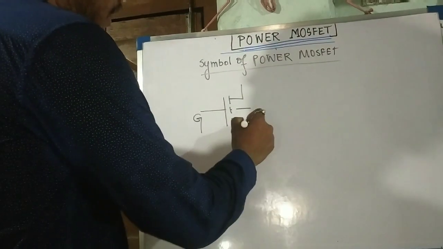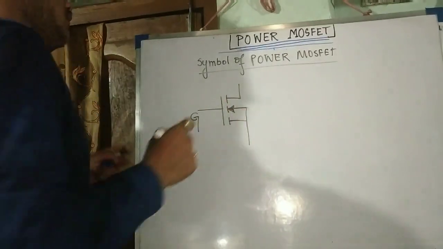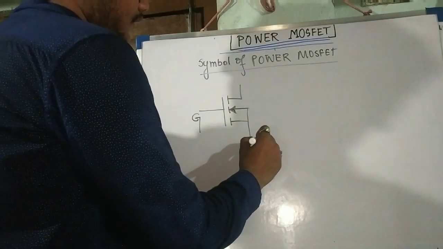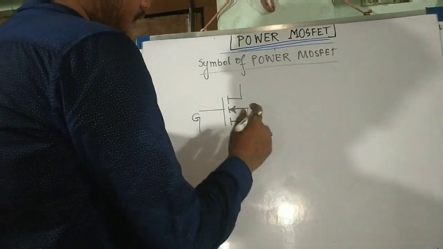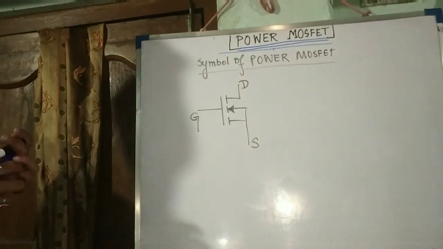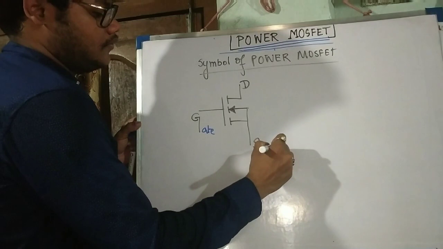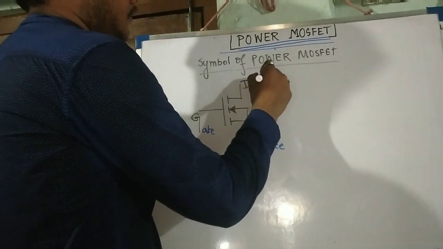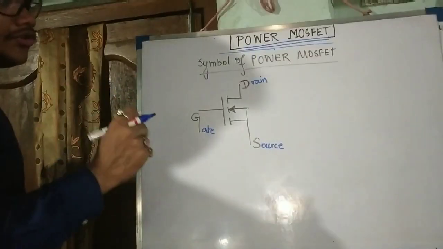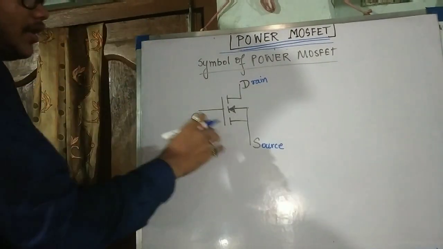So this is an N channel. This is the gate, source, and drain. This direction of arrow represents the direction of electrons, not the direction of current. In BJT we have seen the direction of the arrow represents the direction of current, but not here.